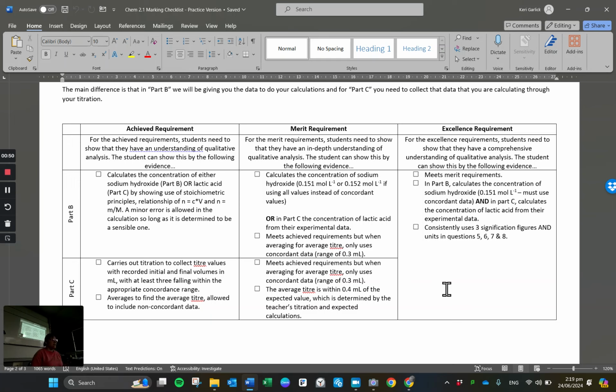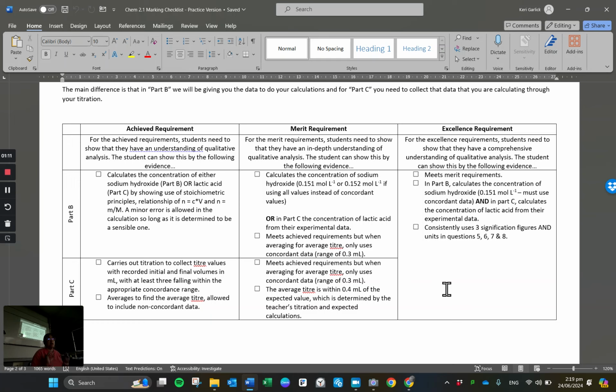If you do the calculation correctly for Part B or Part C, that is enough for merit. So that allows you to make a mistake on Part B or Part C and you can still get merit overall. If you are aiming for excellence, however, you need to pass both Part B and Part C perfectly. So just keep that in mind when you guys are working.